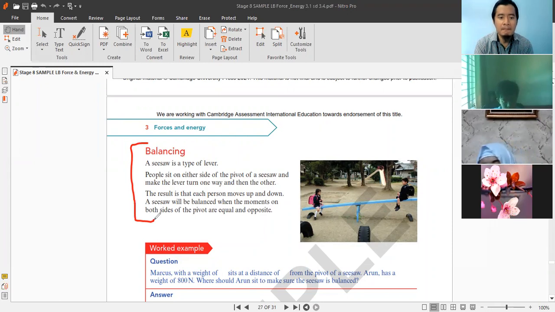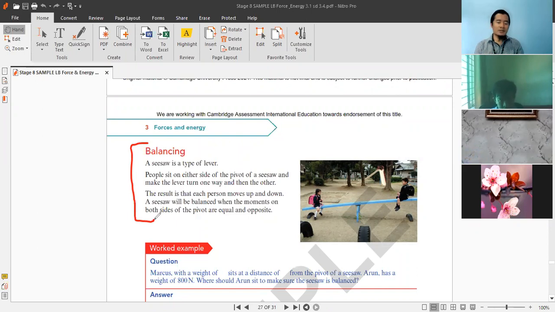A seesaw is a type of lever. People sit on either side of the pivot of a seesaw and make the lever turn one way and then the other. The result is that each person moves up and down. A seesaw will be balanced when the moments on both sides of the pivot are equal and opposite.